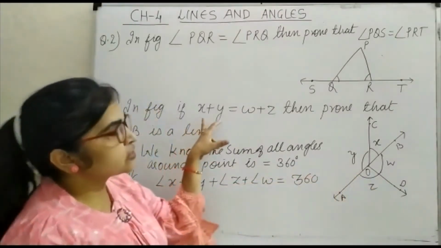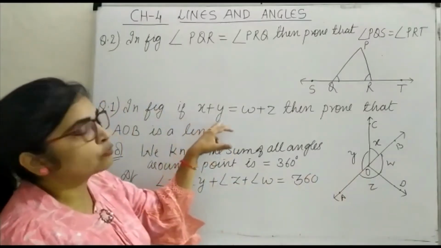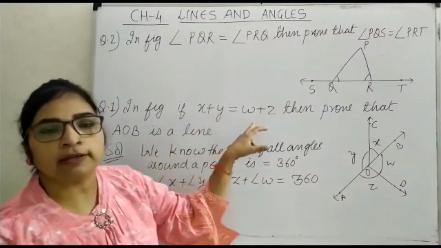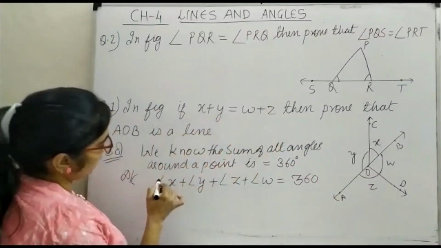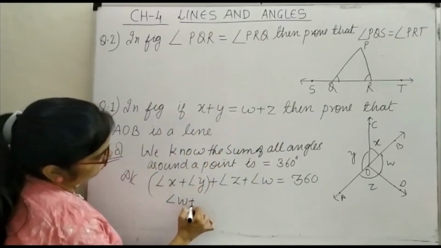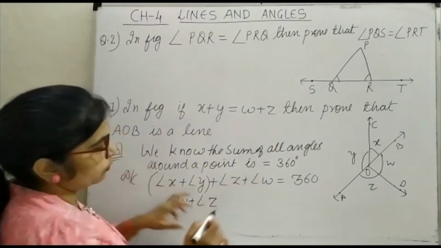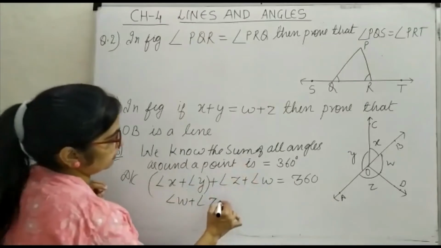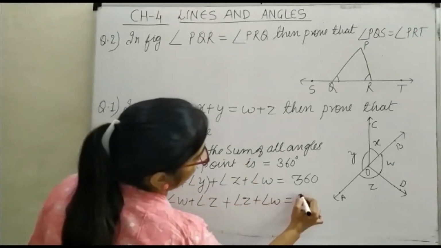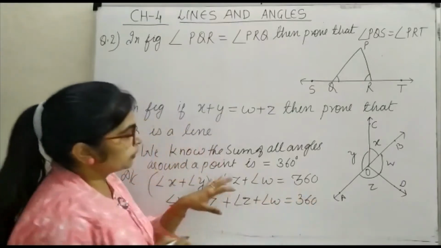After that, the condition given to us is x plus y is equal to w plus z. You are given that x plus y is w plus z, so in place of x plus y you can write w plus z. Do not disturb this, let it be as it is. This becomes 360. You can also write x plus y in place of w plus z.